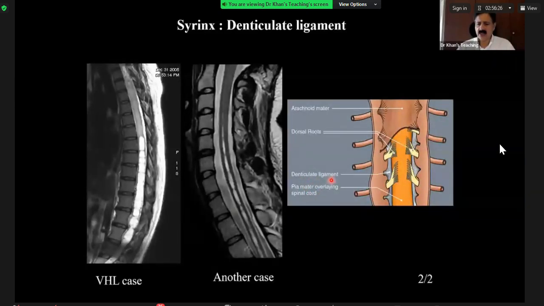We have got 21 denticulate ligaments, which are the ligaments which anchor the pia mater with the dura mater. And when there is expansion of the cord, then they will appear like this. So these are the denticulate ligaments.